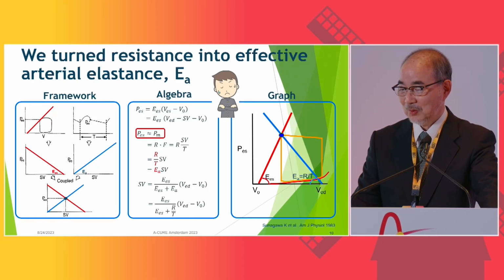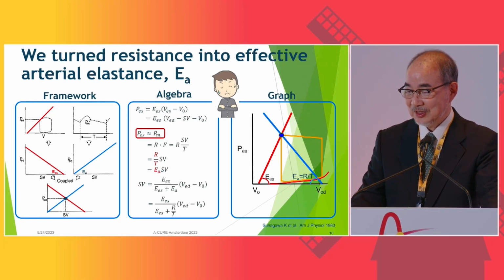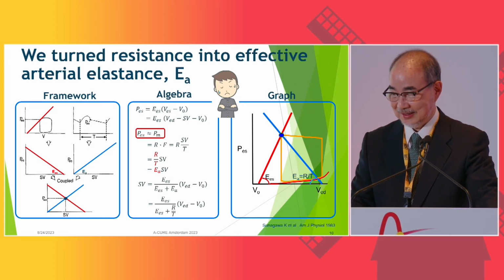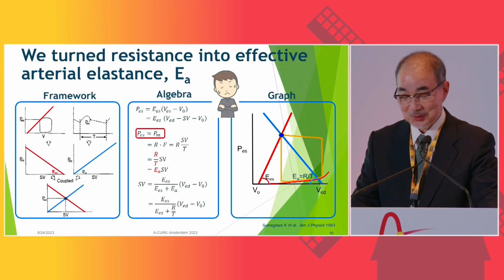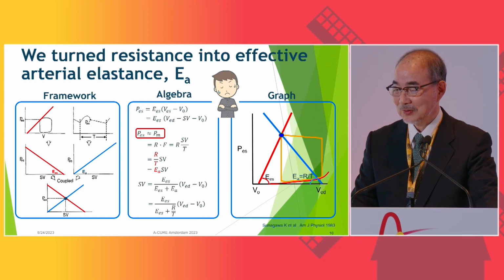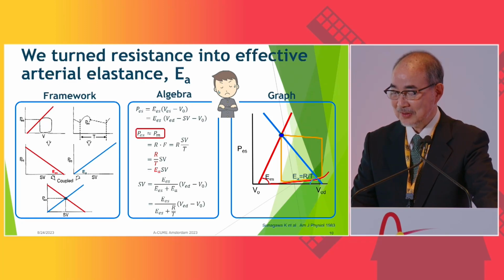So this is what we did. We kind of tricked our system. That is, we turned resistance into effective arterial elastance. Resistance is not elastance, but as long as we accept this concept, we can make full use of it. The left panel shows the basic framework.